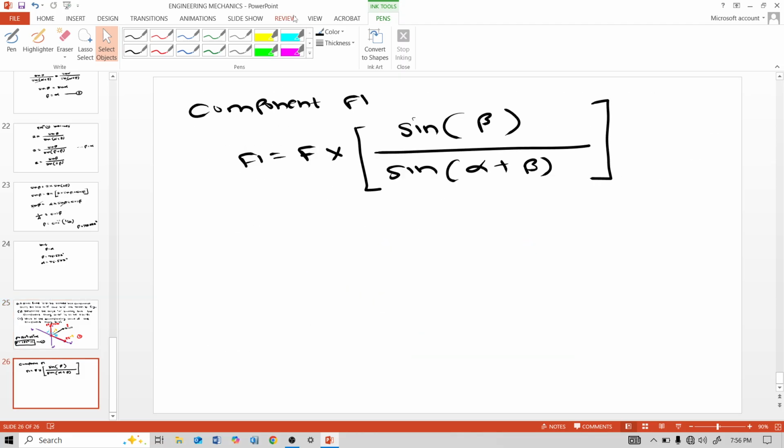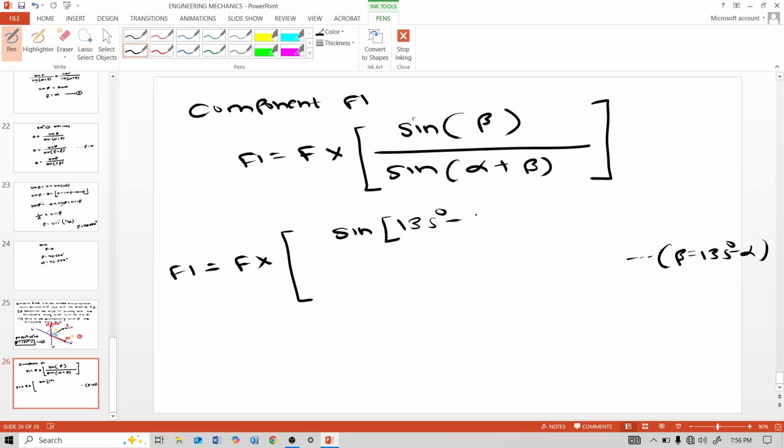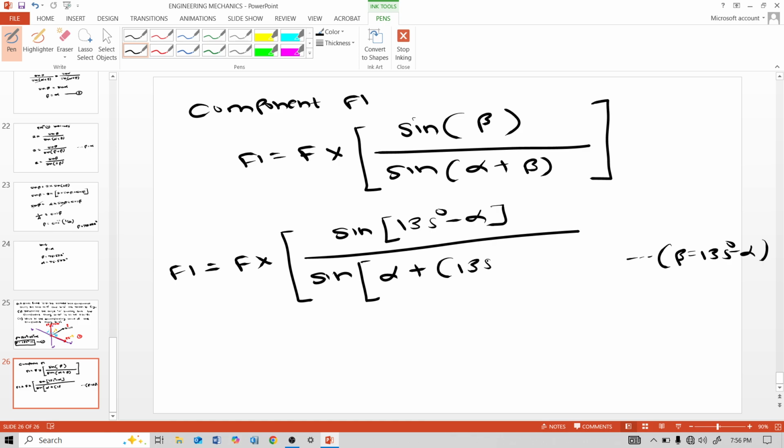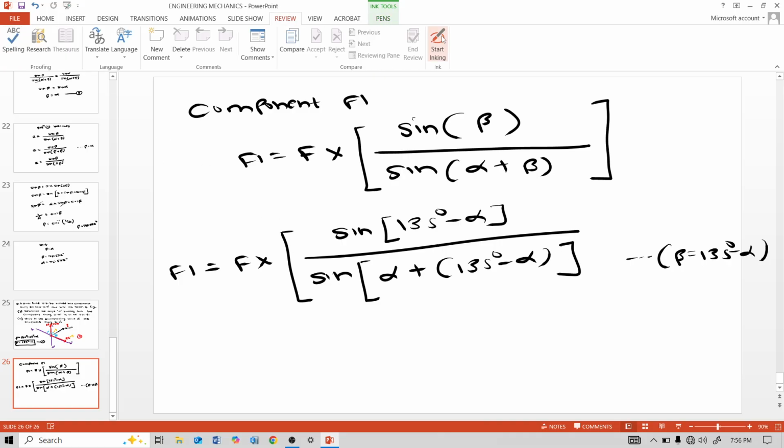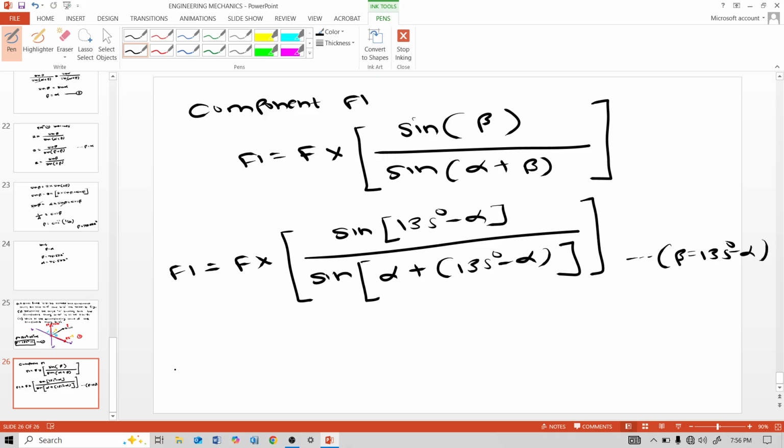Equation 1 becomes: beta is equal to 135 degree minus alpha. So put beta in the above equation: sine of 135 degree minus alpha upon sine of alpha plus 135 degree minus alpha. This F1 is also a given quantity, 150 Newton.